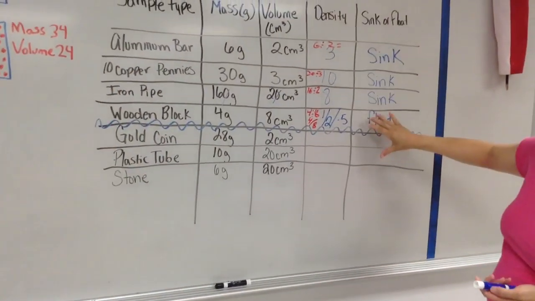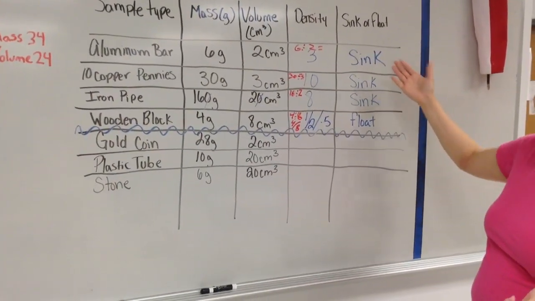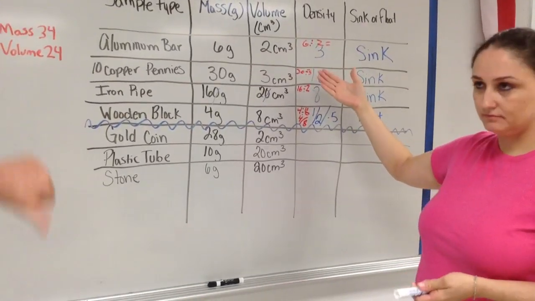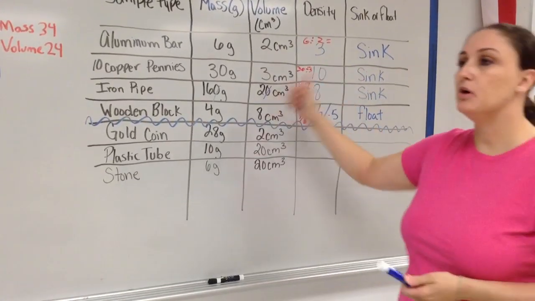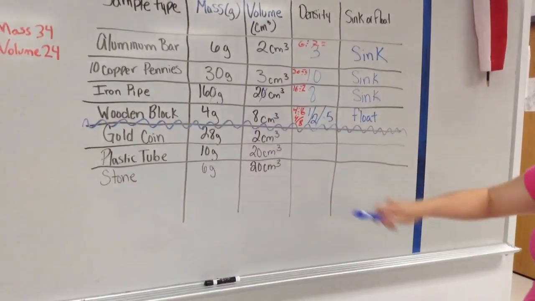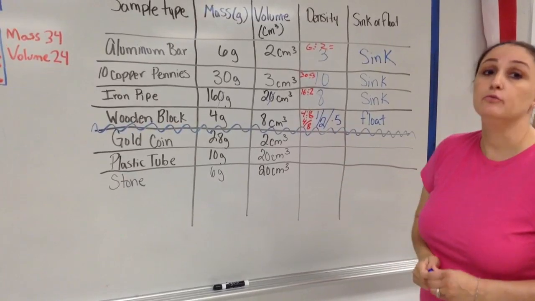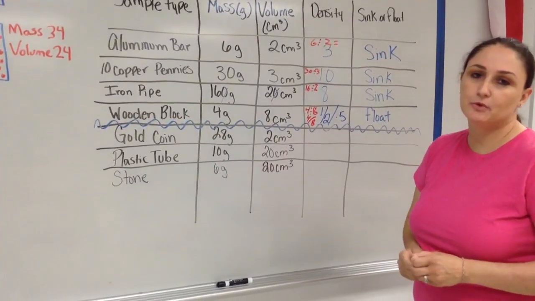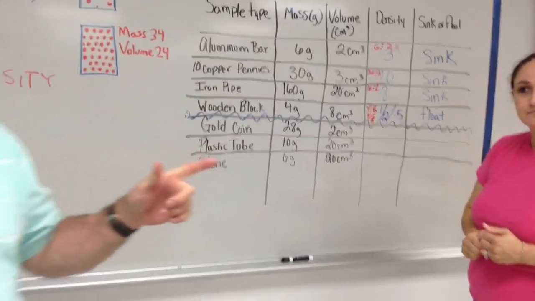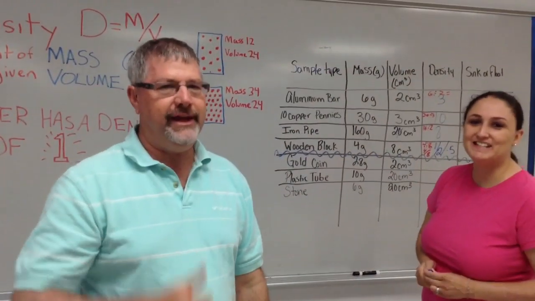So, what's the theme? If the mass is bigger than the volume, what's it going to do? Sink. And if the mass is smaller than the volume, then it's going to float. Very good. So you have 3 more to do on your own before you come to class, and then we're going to use this in a lab. Sounds good. And the last thing, remember, don't be dense.